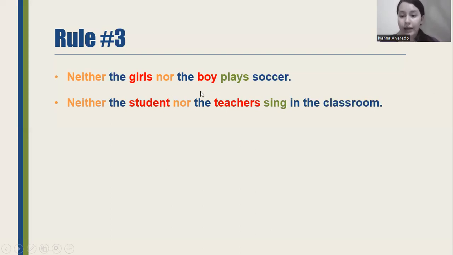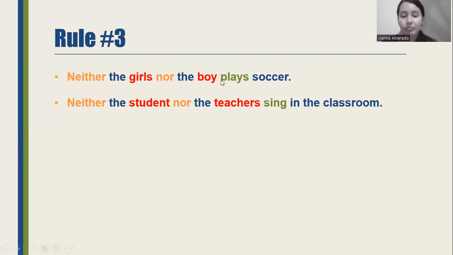The rule says that when we use neither or nor, the verbs, in this case plays and sing, must agree with the noun closest to them.